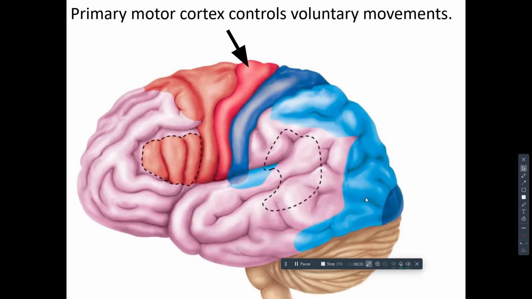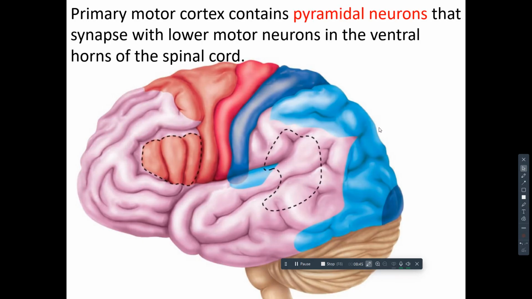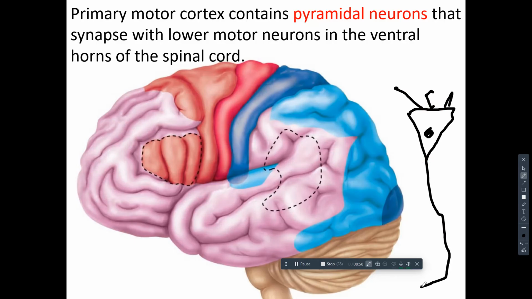So I'm talking about voluntary movements here. Voluntary movements, when we decide to do something, we're using this primary motor cortex. Now, the neurons in here are rather triangular in shape. So there's its cell body, there's the dendrites, and then there's the axon coming off of it. It would be a lot longer.